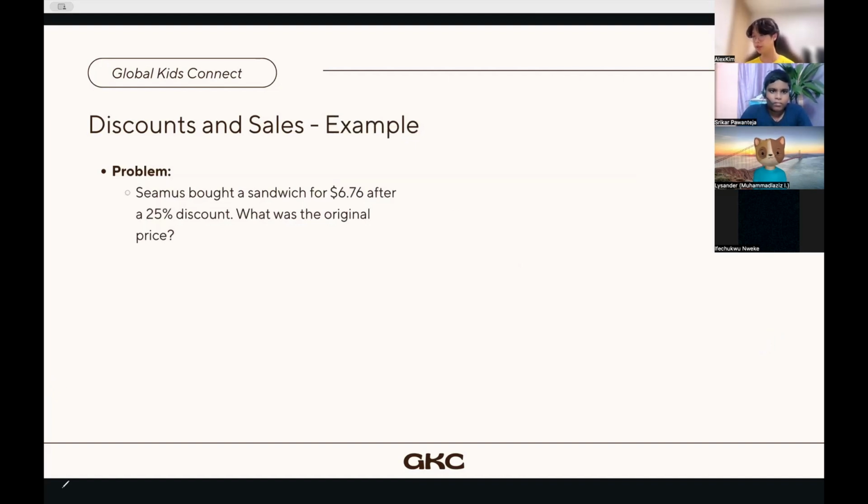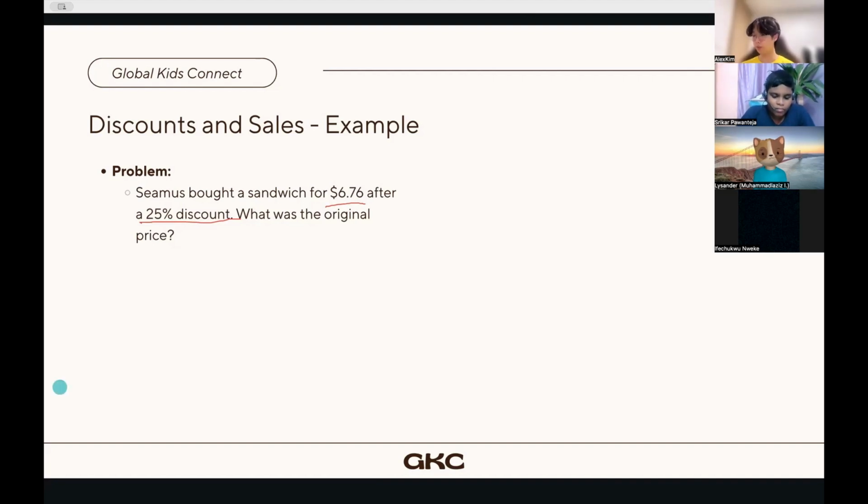So the problem states: Siemens bought a sandwich for $6.76 after a 25% discount. What was the original price? So we are given the discount amount and the changed price after the discount, and we have to find the original price.